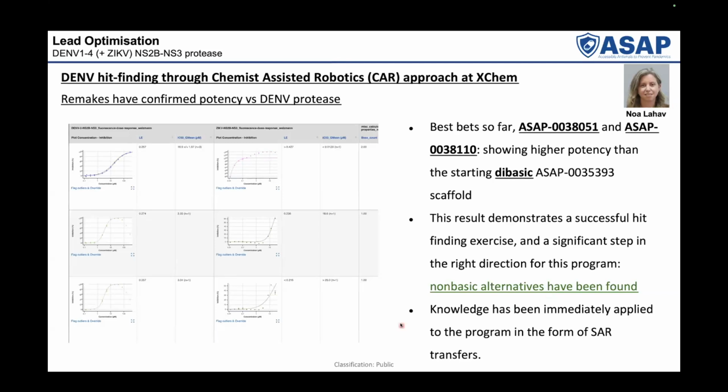And what you're looking at here is the dose response of the remakes against both the dengue virus and the Zika virus. Basically what you're seeing here is 3 compounds that had pan activity, and also were, focusing on the dengue virus, in the low micromolar, which is where we wanted to get to after going from that monobasic to dibasic scaffold.